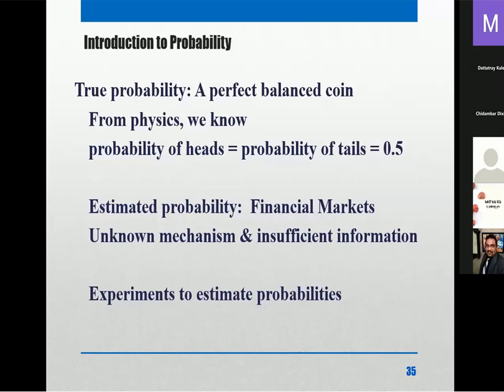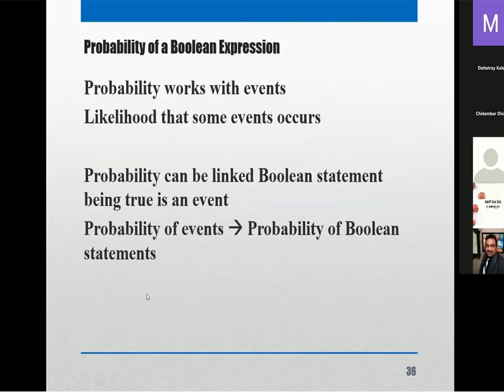If we find through the physical test that the coin is perfectly balanced, then we know that head or tail is exactly equally likely. So probability works with the likelihood that some events occur. As we have seen, the probability for the coin is a half.